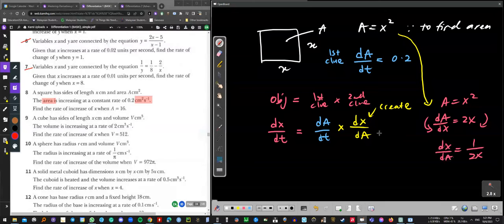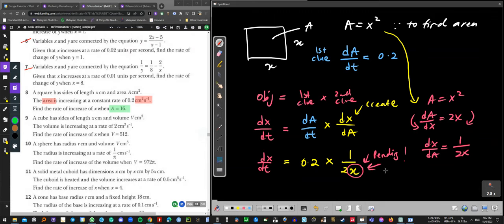X tu kena ada nilai for X. Now, can you see the last statement there dia kata dekat situ? Find the rate of increase of X apabila A sama dengan 16. Adakah saya masukkan 16 dekat dalam ni, dekat dalam pending ni? No. So what do I put in?